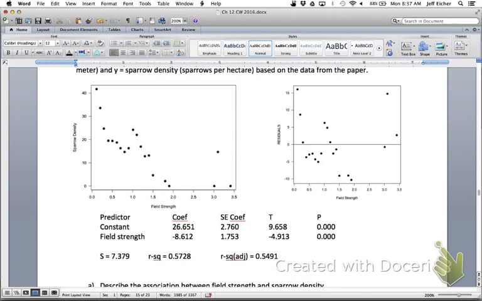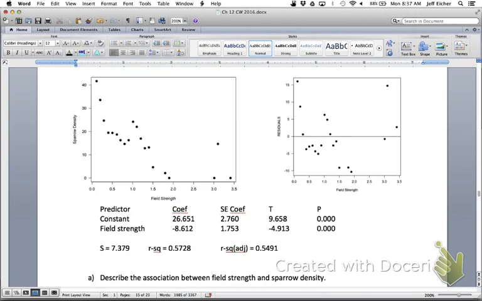So question A, describe the association between field strength and Sparrow density. This would be an example of doing DOFs. So the direction, we have a negative association. You can confirm that with your slope, negative 8.6. So direction is negative association between field strength and Sparrow density.